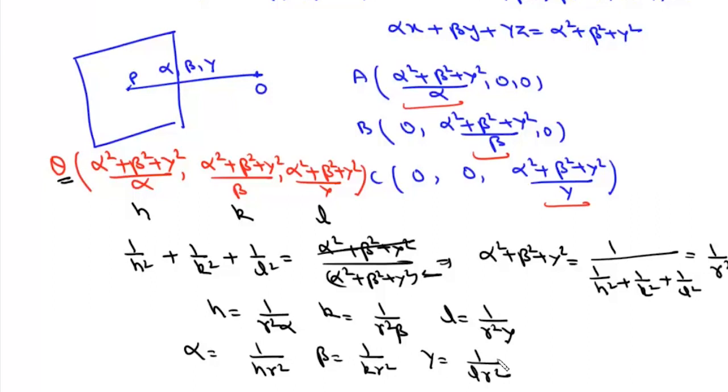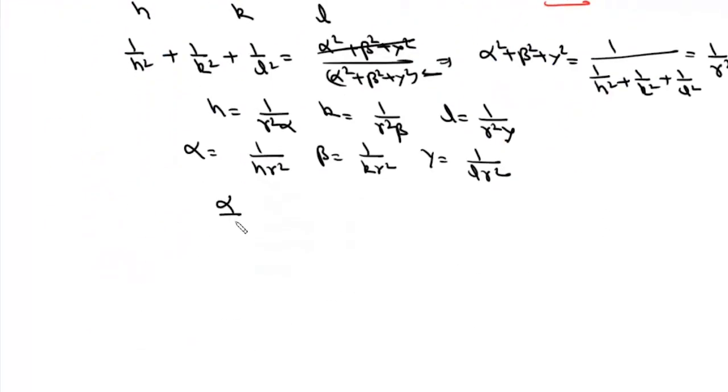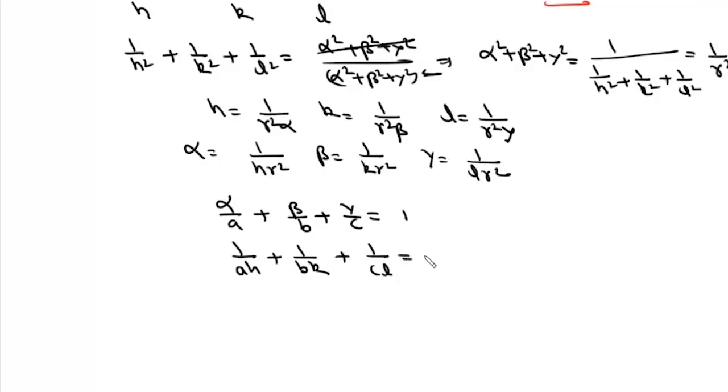Now this point P lies on this plane. So alpha, beta and gamma will satisfy this equation. So we can write alpha upon A plus beta upon B plus gamma upon C will be 1. And we'll put in the values of alpha, beta and gamma. So we can write 1 upon Ah plus 1 upon Bk plus 1 upon Cl will be equal to r square, and r square is 1 upon h square plus 1 upon k square plus 1 upon l square.